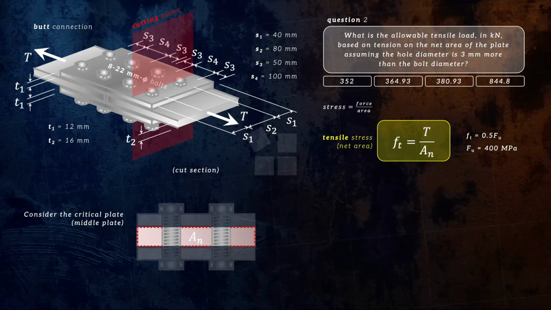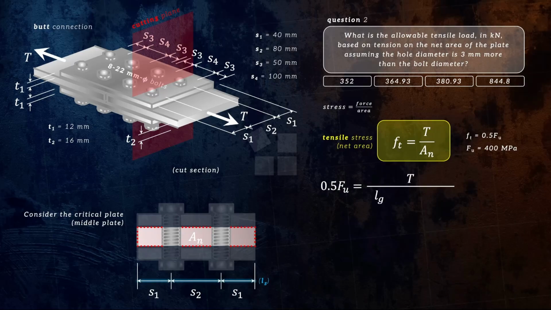Going back to our formula, we now have Ft being 0.5 of Fu equals T over the net area, which is the sum of these spacings, S1 and S2, or simply from the previous question, this entire length is your gross length, Lg.